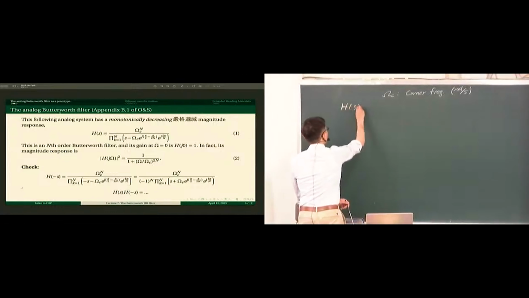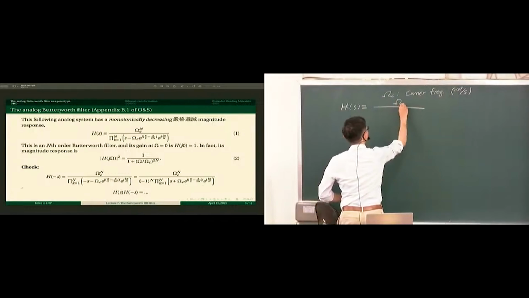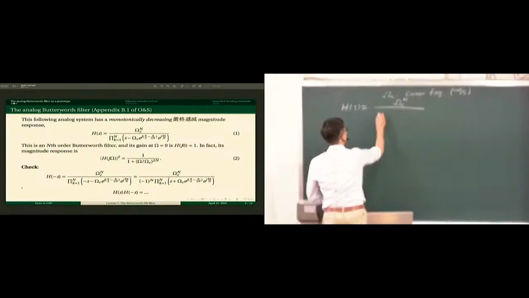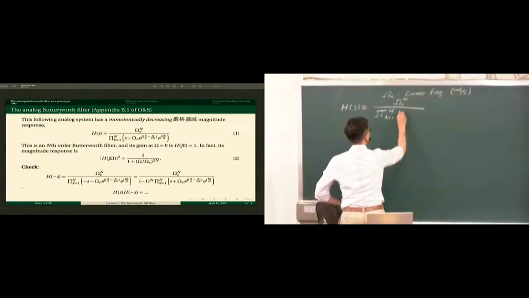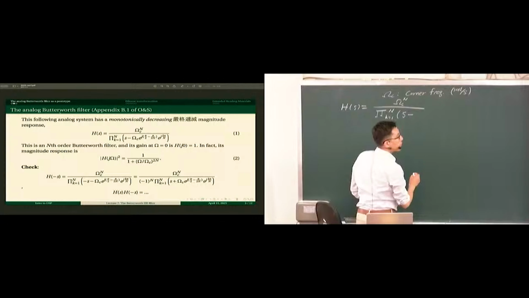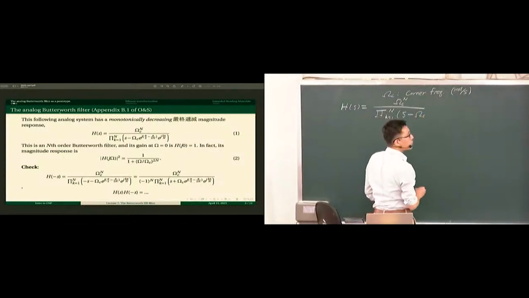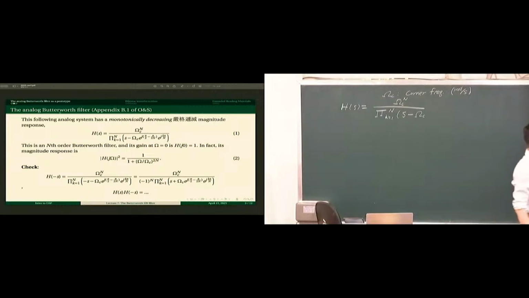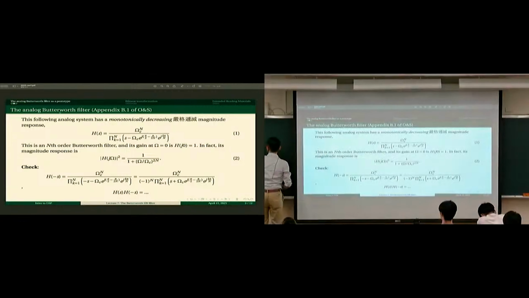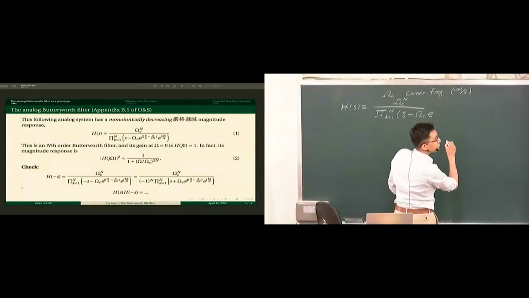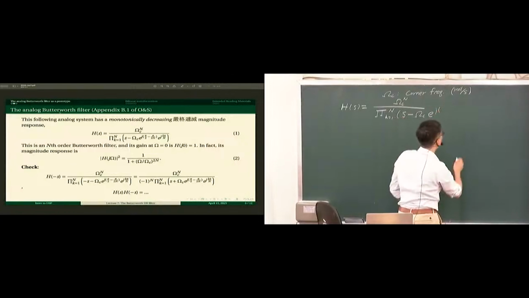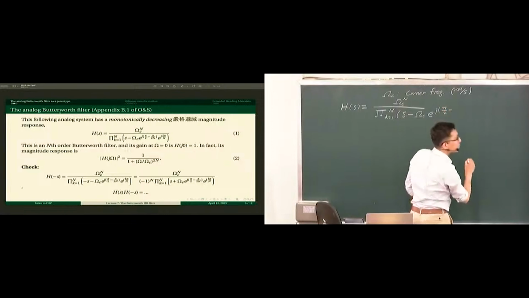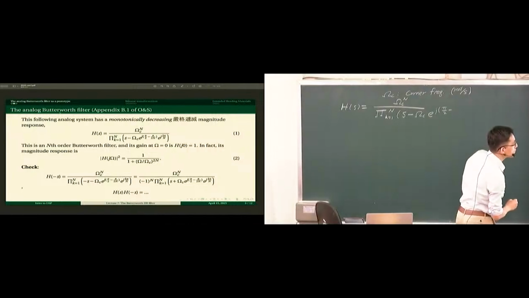H of s equals a constant omega C to the Nth power, which is not that important, and the product over k from 1 to big N. Then S minus each root can be written as omega C times something: e to the j, pi over 2 plus... oh, did I write minus?